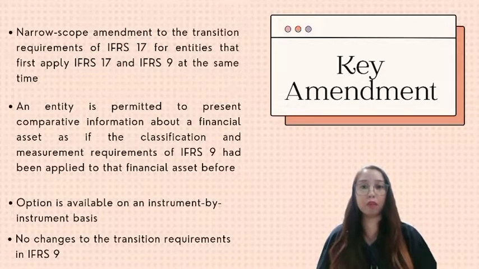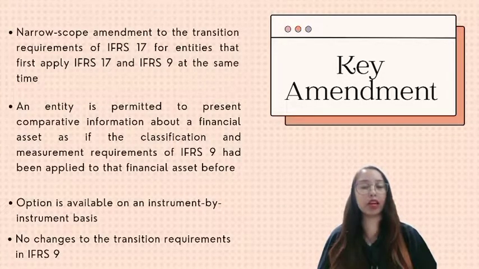Under the amendment, pinapayagan daw po si entity na mag-present ng comparative information about the financial asset as if yung classification and measurement requirements po ng IFRS 9 had been applied dun po sa financial asset na yon before. So yung option daw po na ito ay available on an instrument-by-instrument basis.